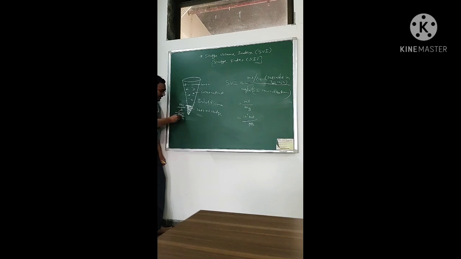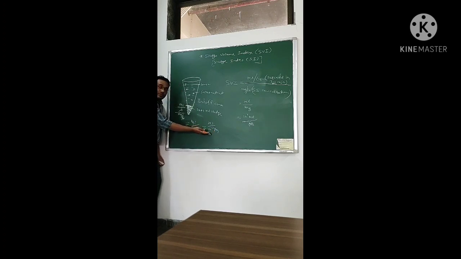So this liter will get cancelled, and your final unit will be ml per milligram. Now if I want to convert this milligram into gram, I can write milliliter upon milligram as 10 raised to minus 3 gram.